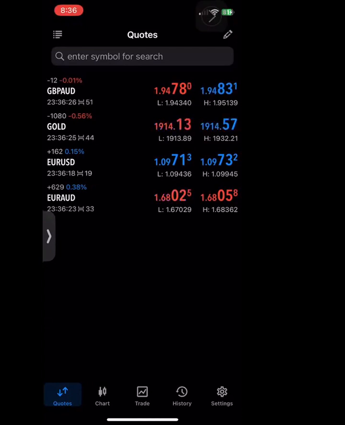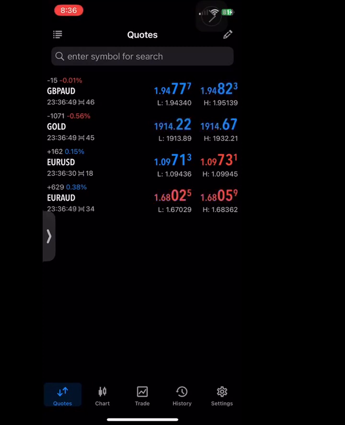1.9478. See, there's another price, 1.9483. So both figures are the prices of GBP AUD. Someone may ask, why two prices?